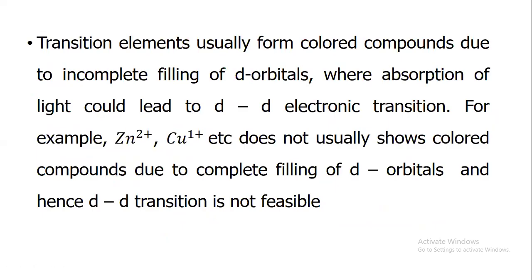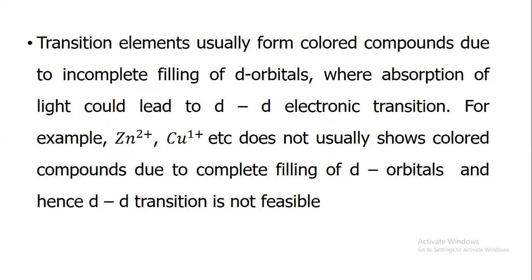Transition elements usually form colored compounds due to incomplete filling of the d orbitals, where absorption of light could lead to d-d electronic transition. For example, zinc and copper do not usually show colored compounds.